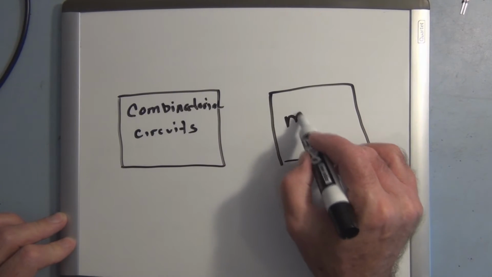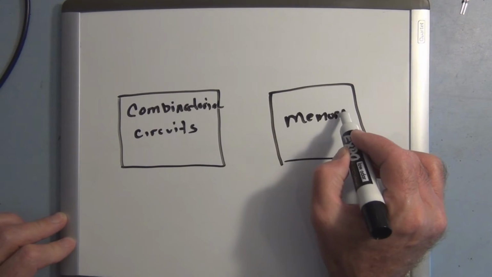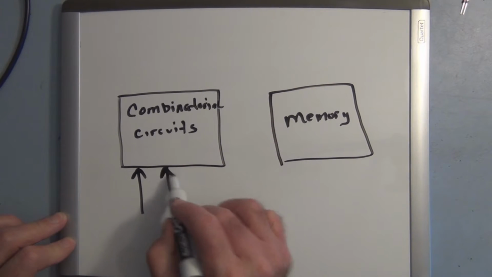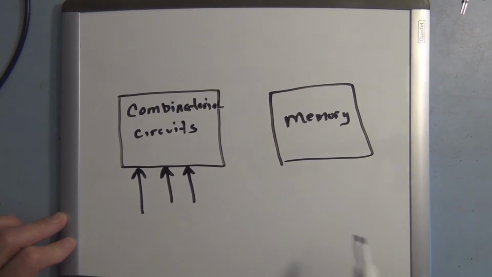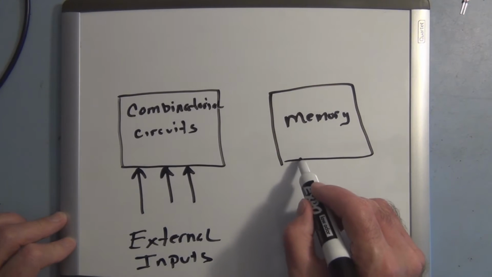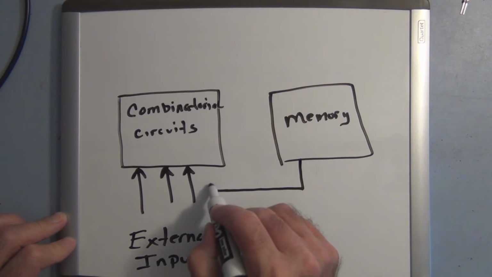So here we have memory. And you have external inputs that go into the combinatorial portion, and you also have inputs being fed from memory.